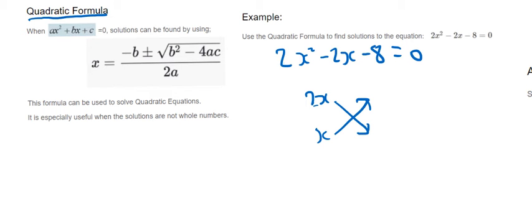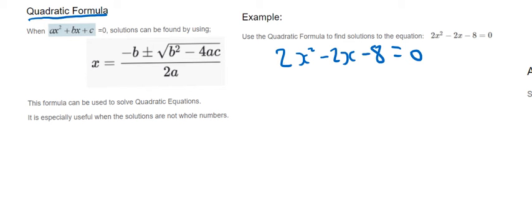What you'll find here is that it's hard to find two numbers that will work, and it might actually be impossible. I'm not sure if it's impossible for this one or not, but for some quadratic equations it'll be impossible to find numbers to factorize. So that's where this formula comes in useful.